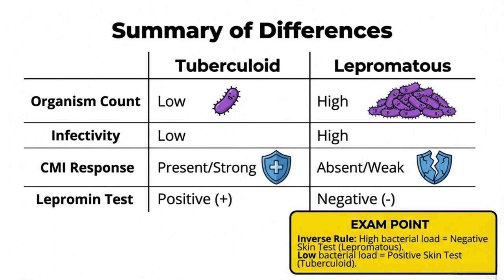In contrast, lepromatous leprosy demonstrates a high organism count, high infectivity, weak or absent cell-mediated immunity, and a negative lepromin test. A very important rule to remember for examinations is that a high bacterial load corresponds to a negative lepromin test, whereas a low bacterial load corresponds to a positive lepromin test. This inverse relationship helps in rapid classification during viva or MCQ-based exams.